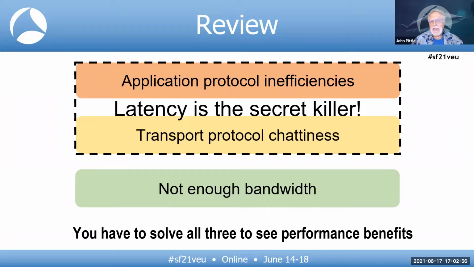If you solve for bandwidth, but you don't solve for latency, it's not necessarily going to create an improvement for the users. All right, so that's our super high level background around some of the protocol concepts.